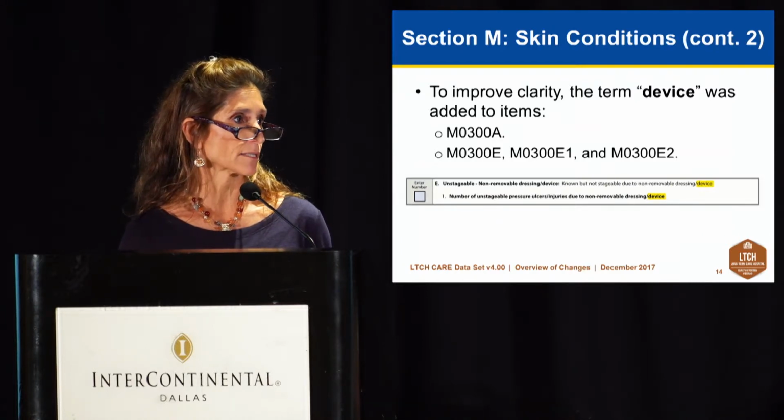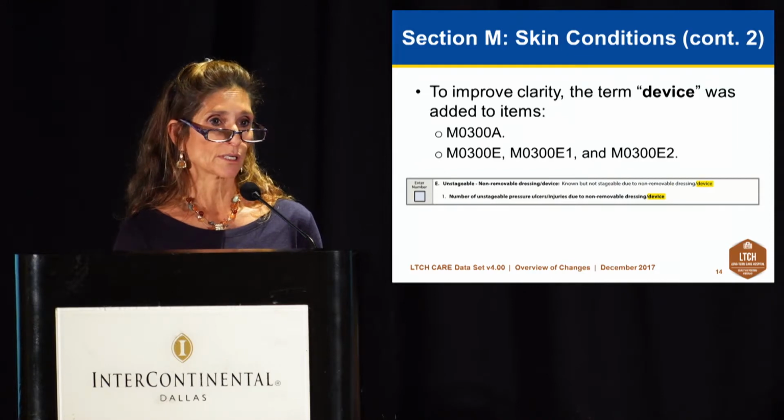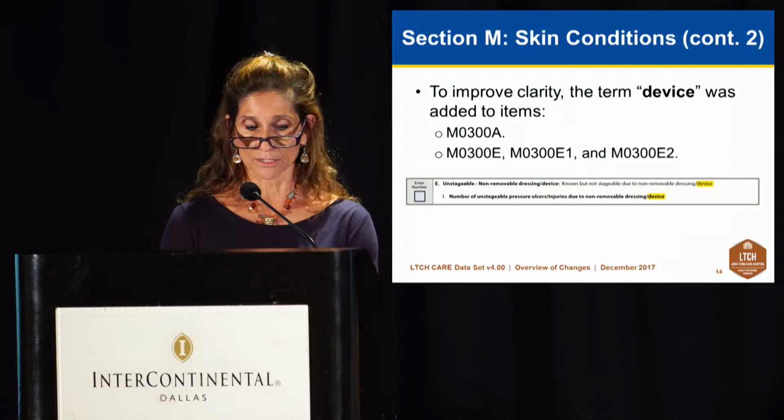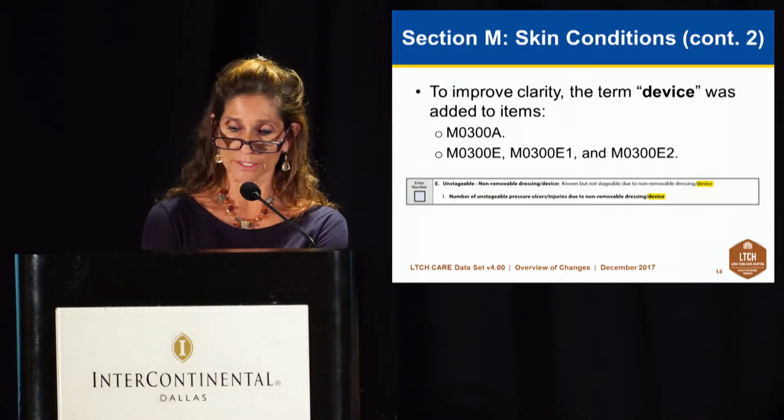If someone has a cast or a brace, that will be a little more applicable as opposed to just a non-removable dressing. So that's also been added to your M0300 series.